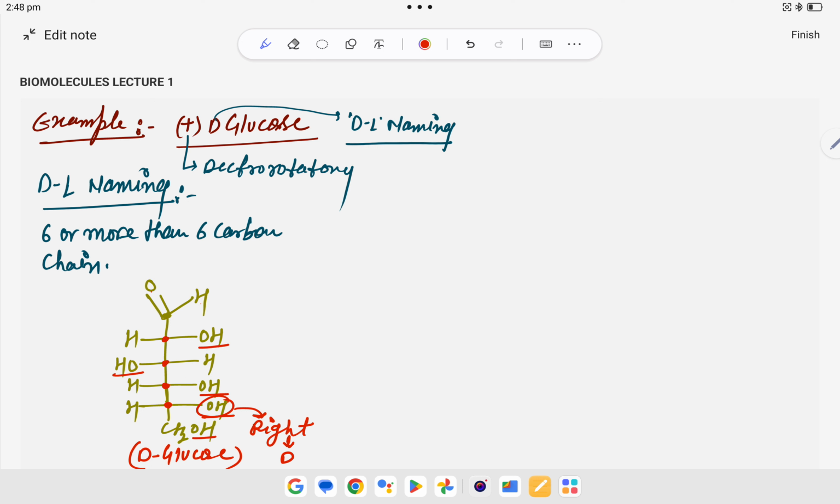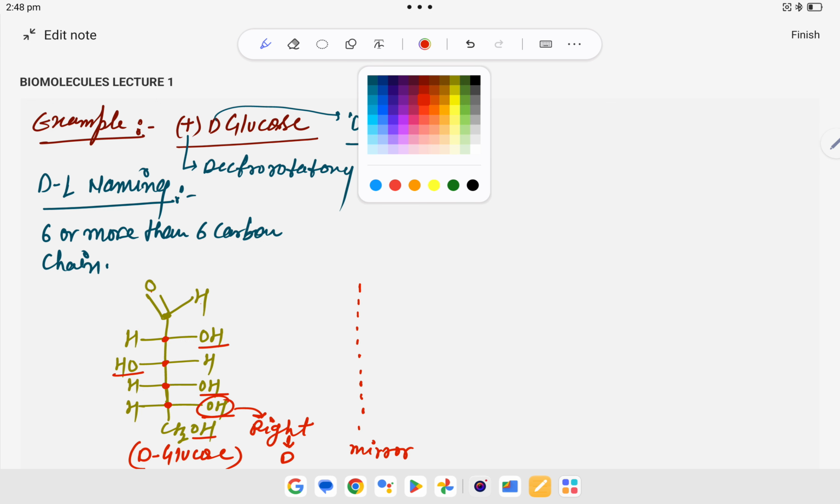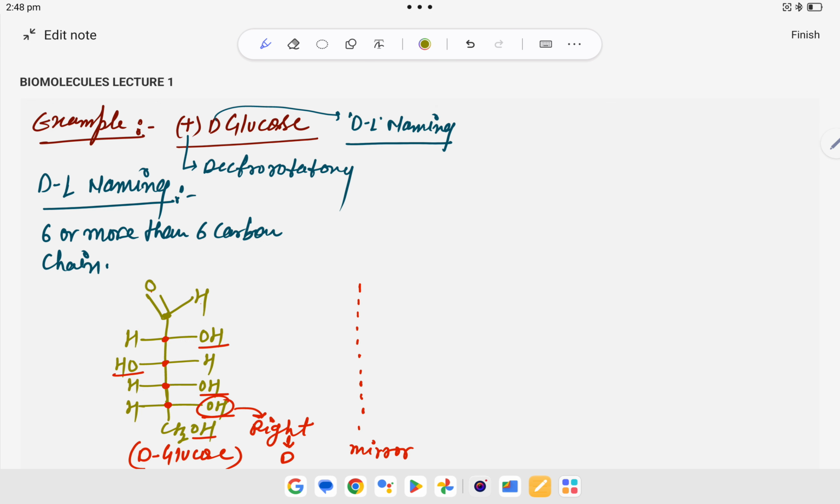Okay. Now, what is the mirror image of this? For that, 1, 2, 3, 4, 5 and 6. Change the position.